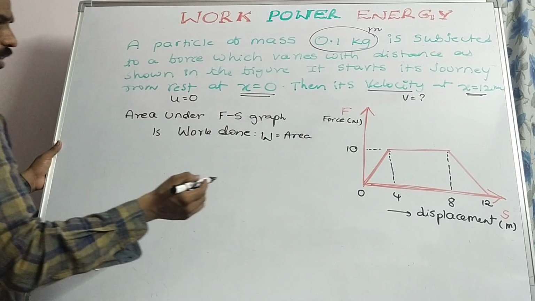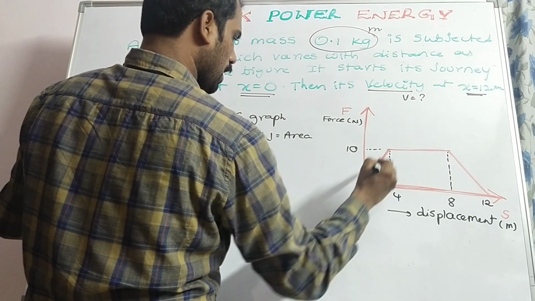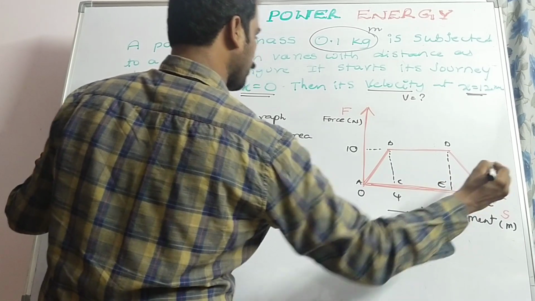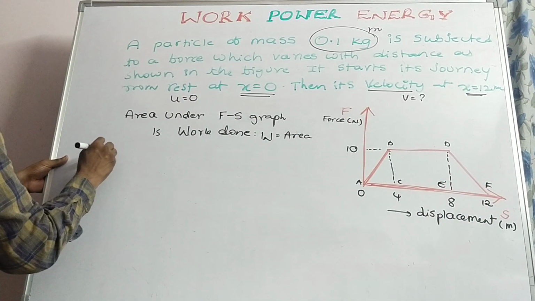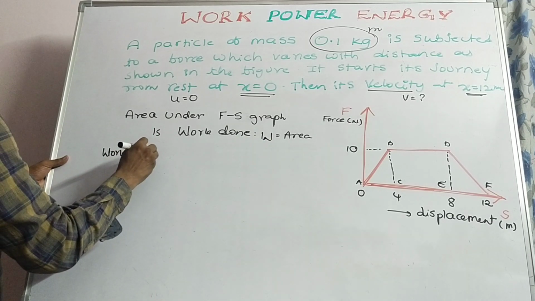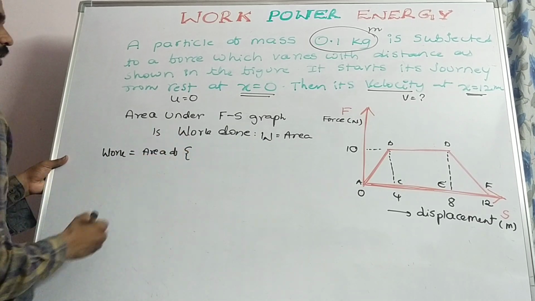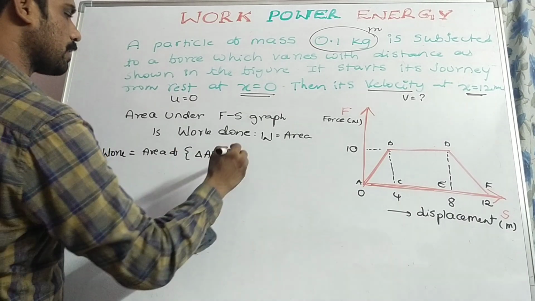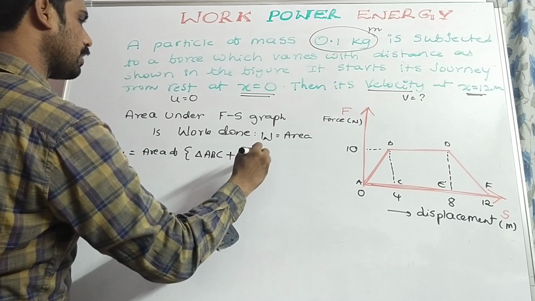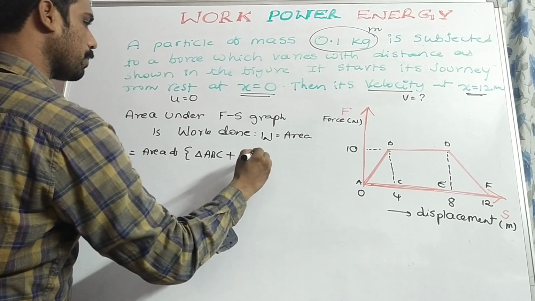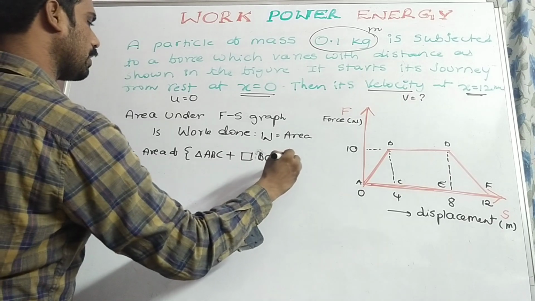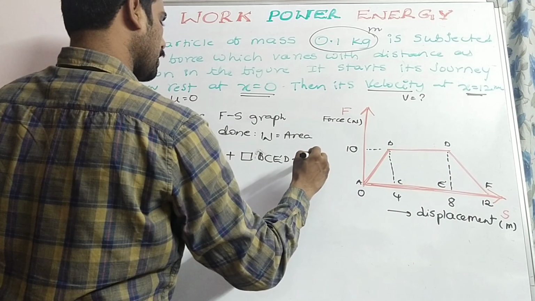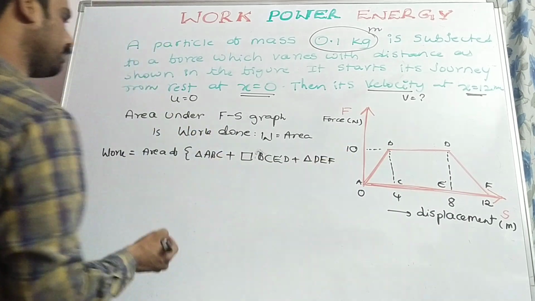Now here we have points A, B, C, D, E, F. Now work done is equal to area of triangle ABC plus rectangle BCED plus area of triangle DEF.